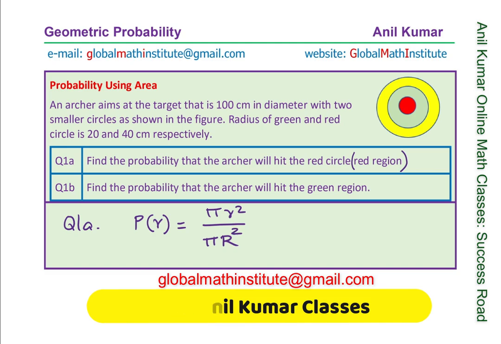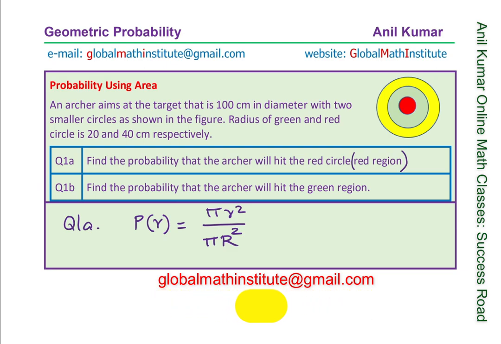Once you figure out the radius, you can find the ratio and get the answer. Similarly, you can work on part B, where the green region is the difference in the area of yellow and red, and you can answer the question. I hope you're getting the sense of it, right?